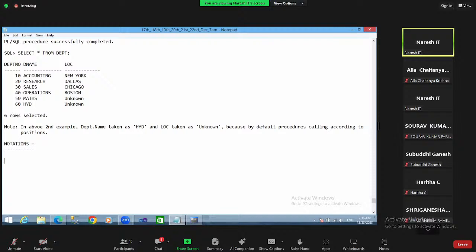Oracle supports three types of notations. First of all, what is the meaning of notation?